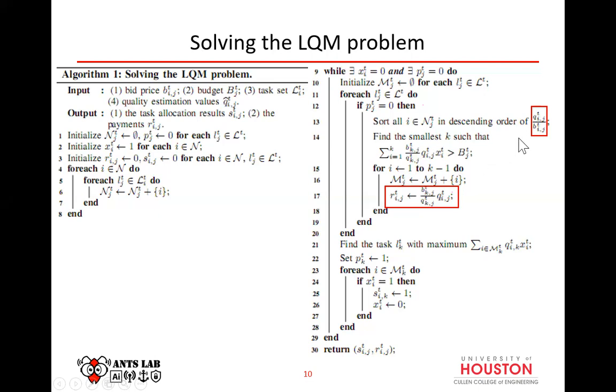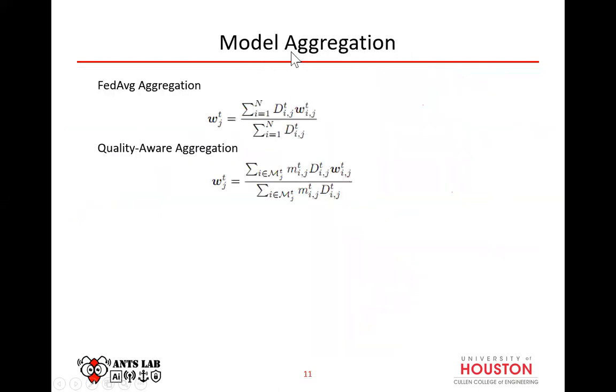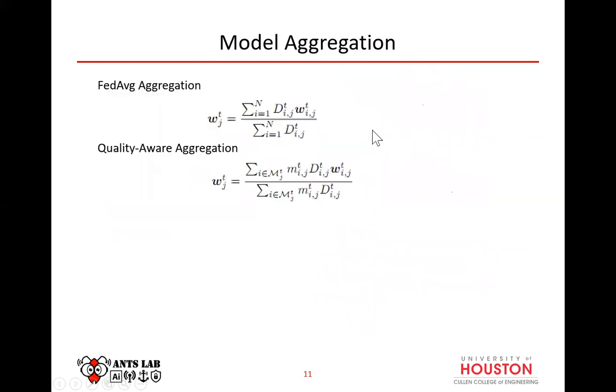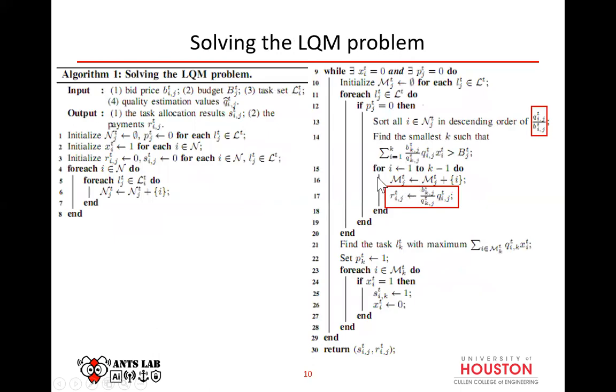They can also obtain the reward because this is the incentive mechanism, and they have been chosen as winner nodes. And this step is only for the model aggregation, and further to remove some low quality nodes. But the reward is given in this step. Yeah, again, it's very confusing.